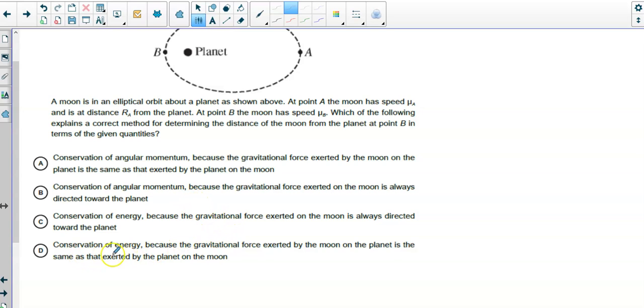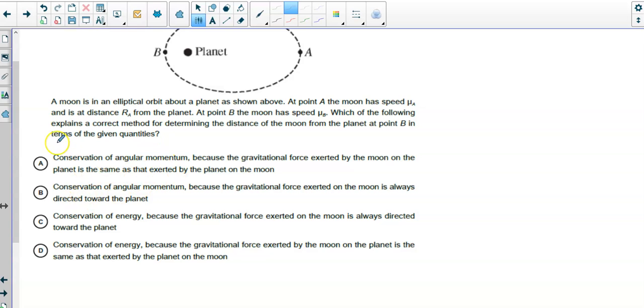And this is one of those questions where, for example, conservation of energy or the fact that the gravitational force exerted by the moon on the planet is the same as that exerted by the planet on the moon, while true, isn't pertinent to this situation. The best answer is B, conservation of angular momentum, because the gravitational force exerted on the moon is always directed towards the planet.